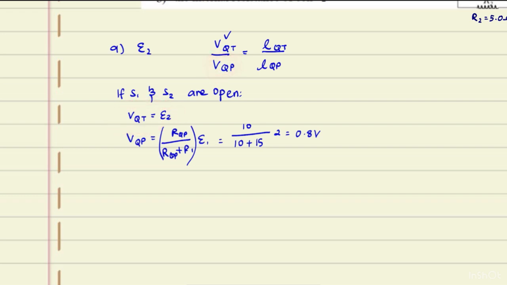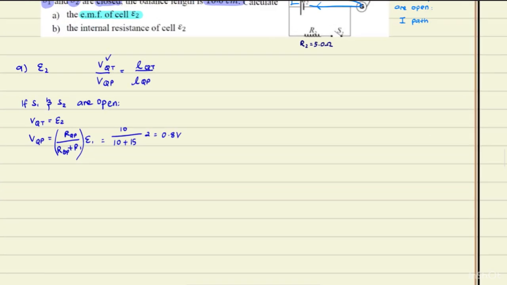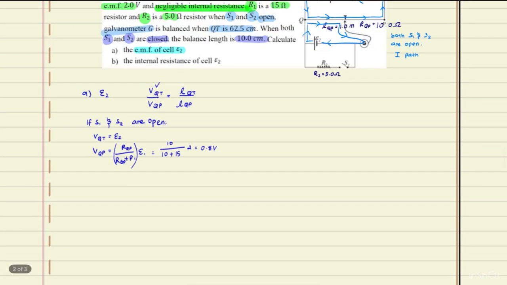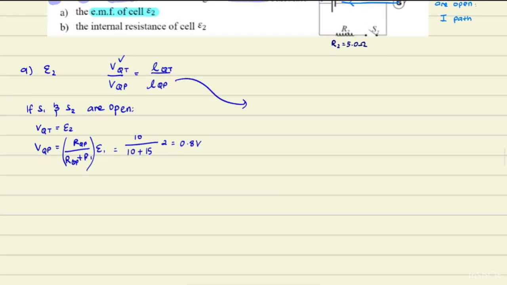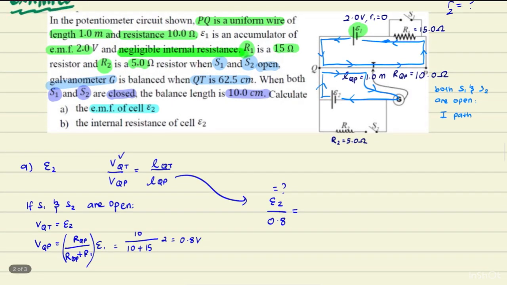So kita tahu sudah VQT berapa, which is just EMF 2. VQP berapa? Kita tahu 0.8. Length QT, balance length tahu. And then we have here length QP, which is 100 cm. So, kamu just tinggal masukkan je lah. VQT ialah EMF 2 yang kita mau cari, bahagi dengan VQP, which is 0.8. Then, length QT ialah balance length bila dia open.